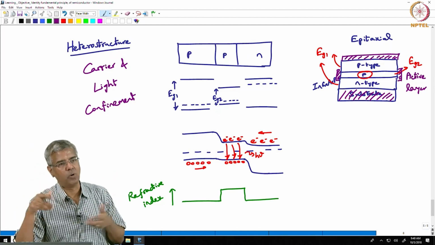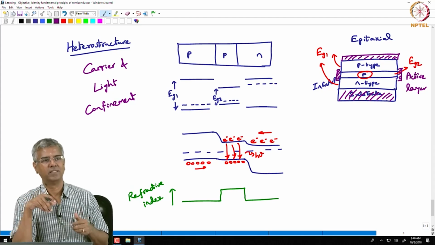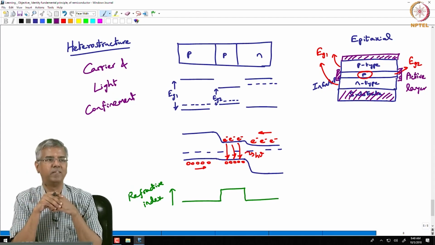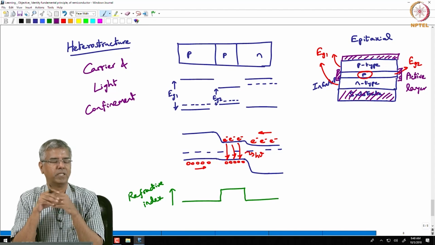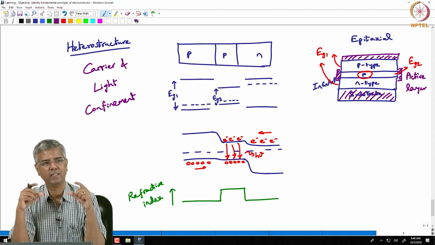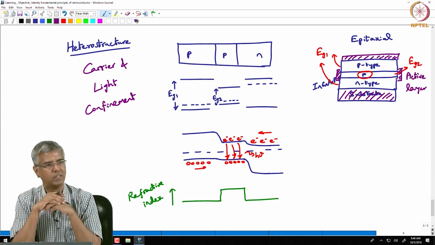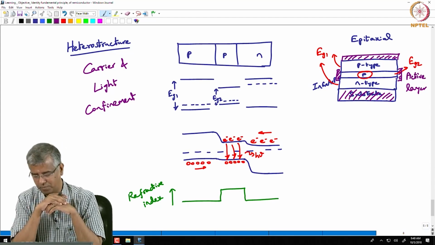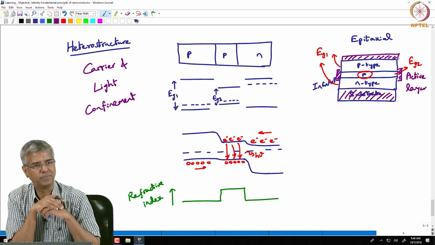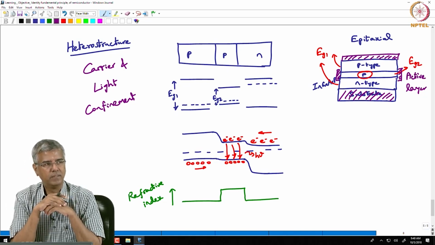So, that is the way you go about designing these structures. Your target is your active layer, but you want on either side a material with larger band gap, so that we can achieve carrier confinement as well as light confinement. Okay, understand that?